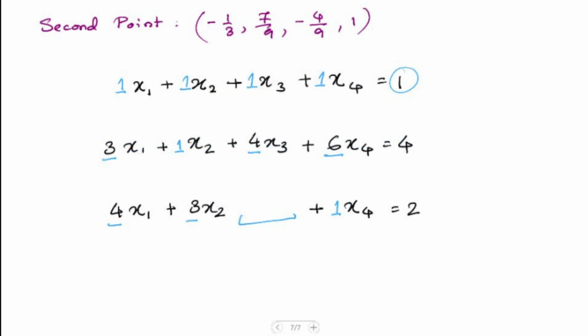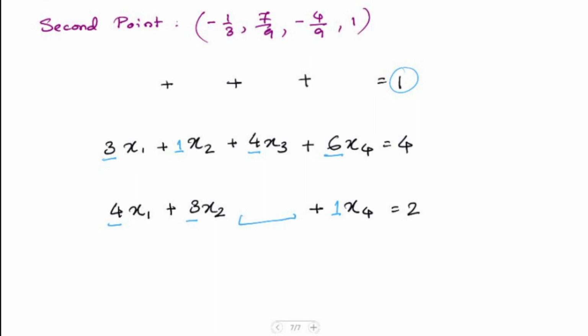Okay. So now I'm replacing the x1 here with the value here, which is, you can say, 1 times minus 1 over 3. So I don't actually have to write here 1 times everything. I'll just write it in simple terms here, replacing the 1, because 1 times anything is the number itself again.